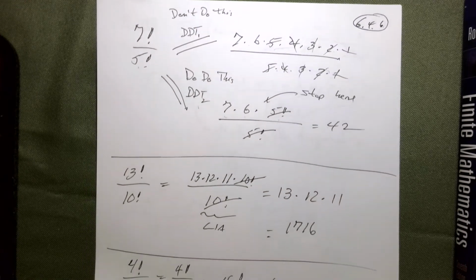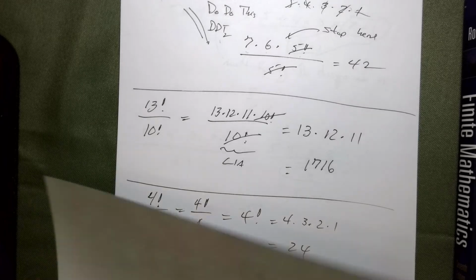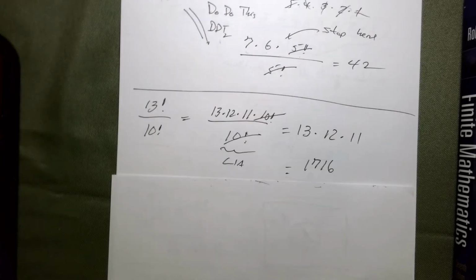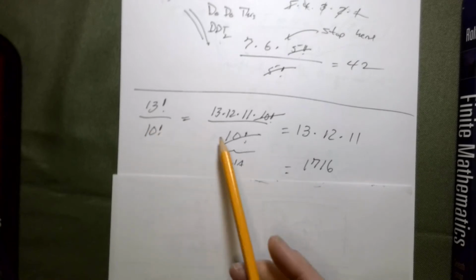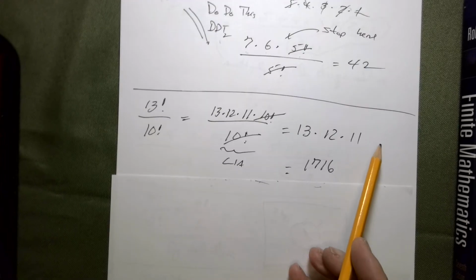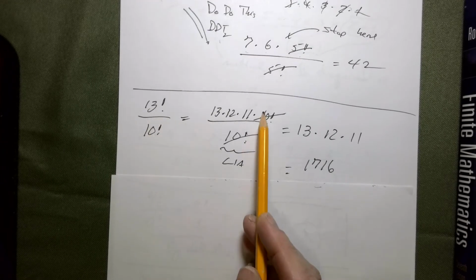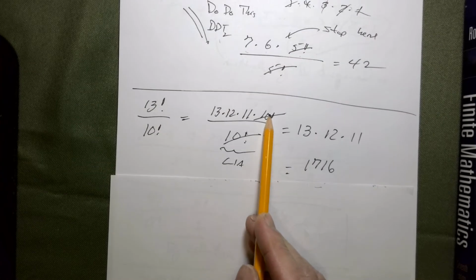So, 13 factorial over 10 factorial. What am I going to do? I'm not going to take 10 and write it all out. And I'm not going to take 13 and write it all out. I'm going to stop the 13 at 11. And I'm going to peel off the 10 factorial.